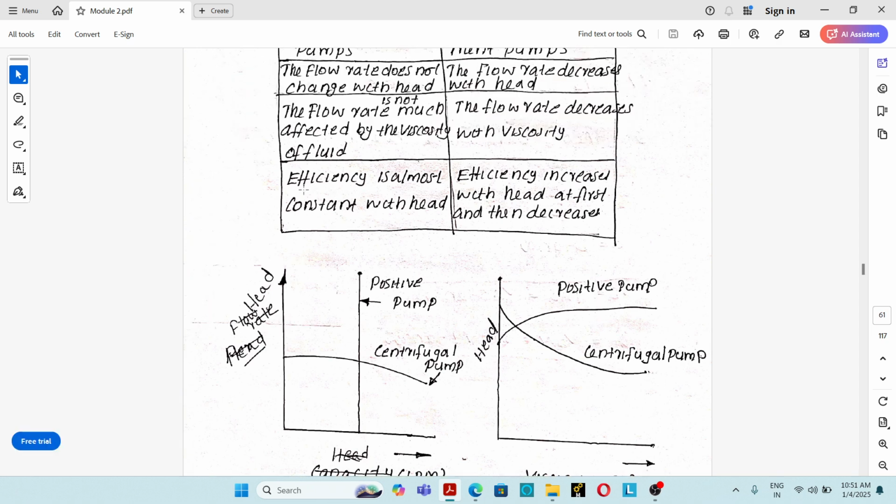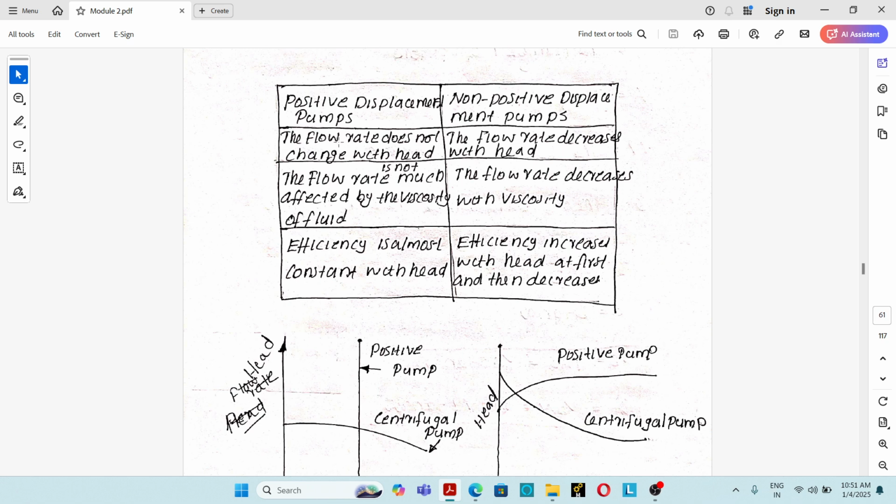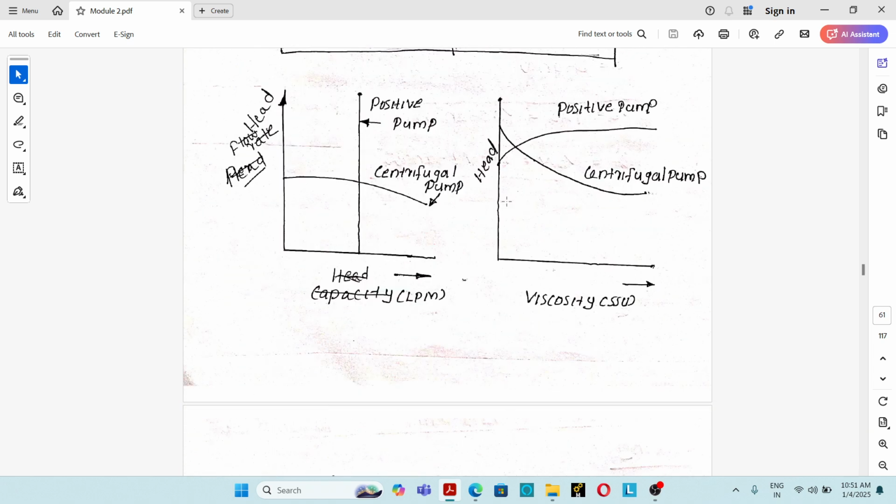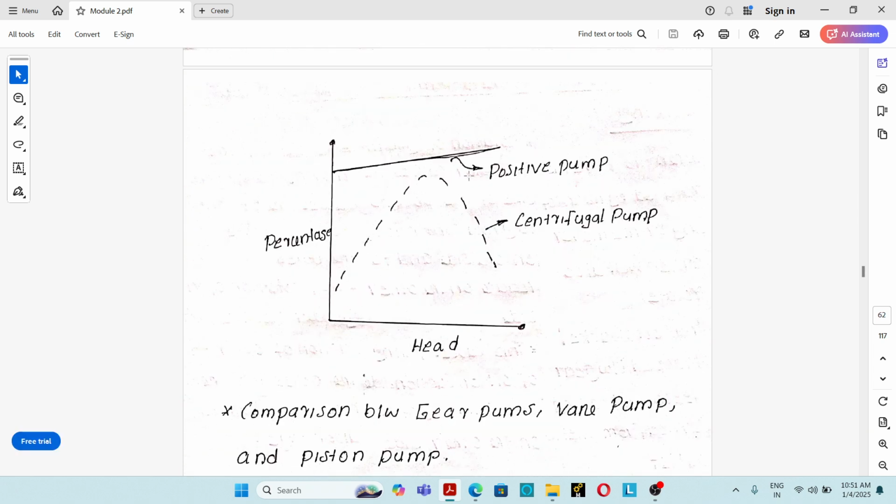The third point is that efficiency is almost constant with the head in a positive displacement pump, whereas the efficiency increases with the head at first and then decreases in the case of a non-positive displacement pump. So in a positive displacement pump, the efficiency is almost constant with the head.